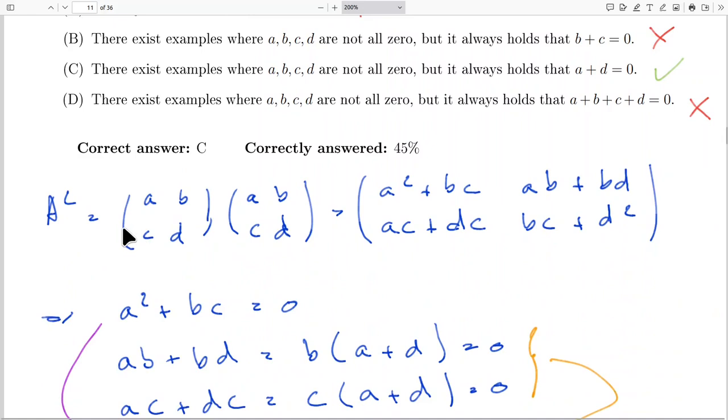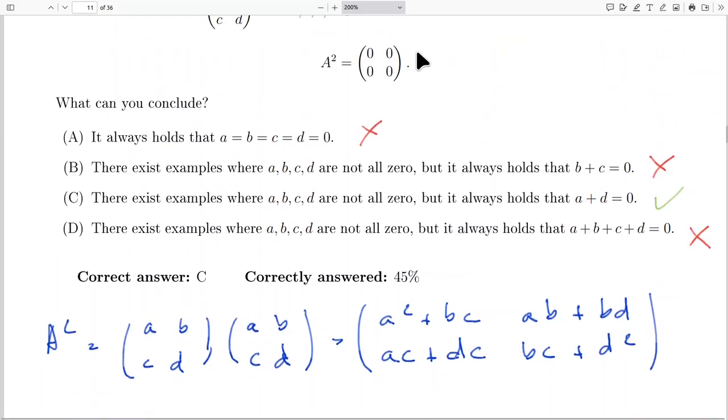So A squared, well, that's the matrix times itself, so we get A times A plus B times C, then A times B plus B times D, then C times A plus D times C, and then C times B plus D squared, so that gives us BC plus D squared.